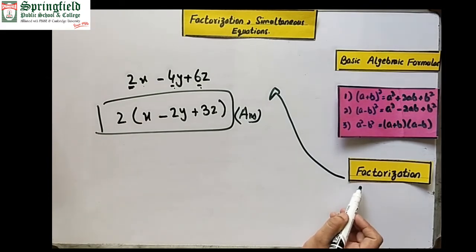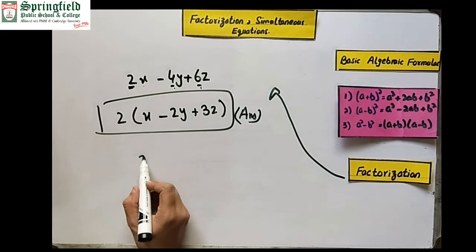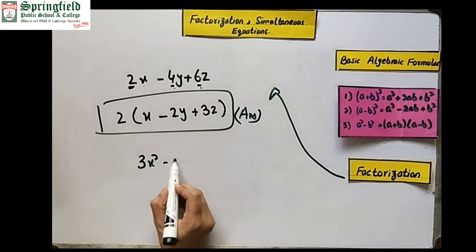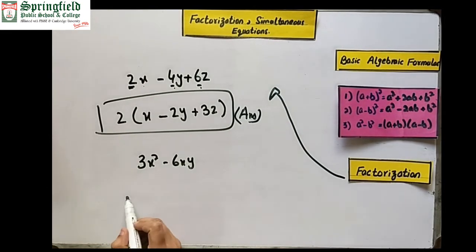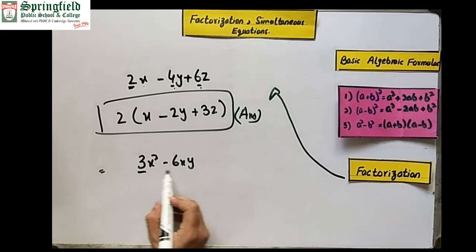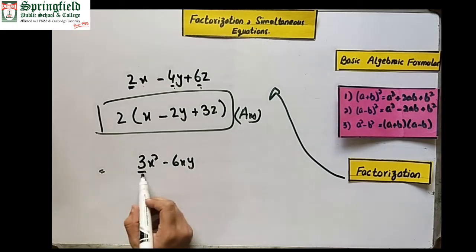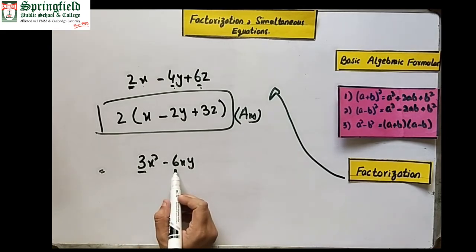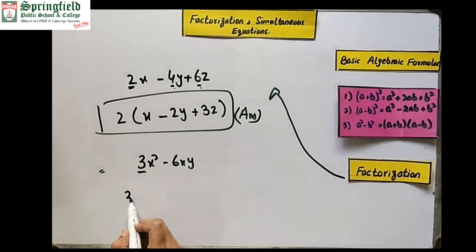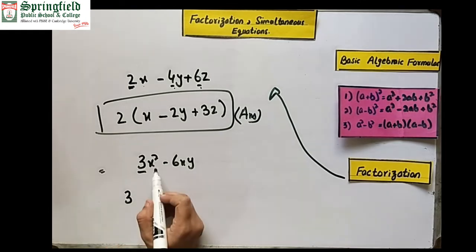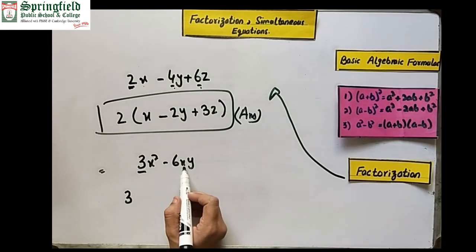Understood, beta? Now another example, let's suppose 3x square minus 6xy. So how can we factorize? 3 and 6, both numbers are in the table of 3, so we can take the 3 common. And look here, x square and x.